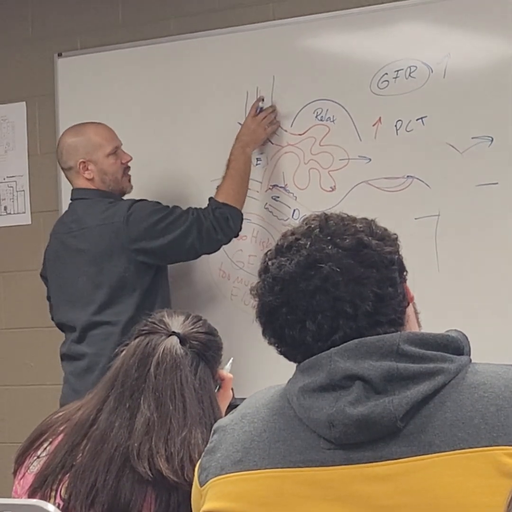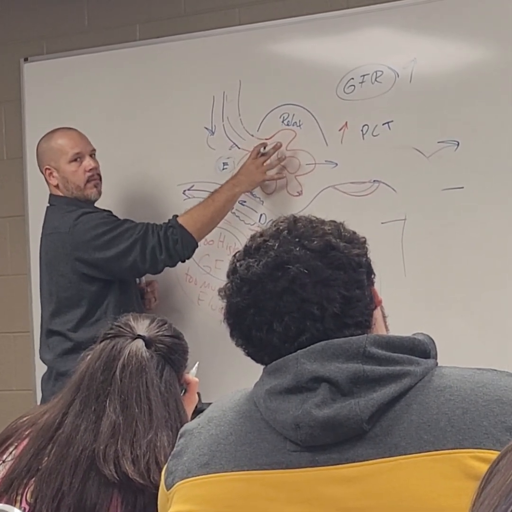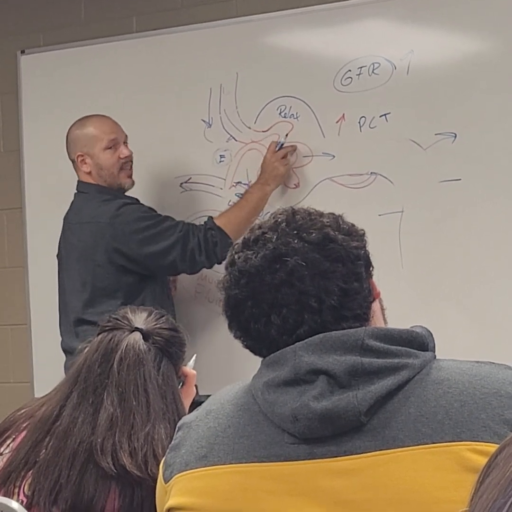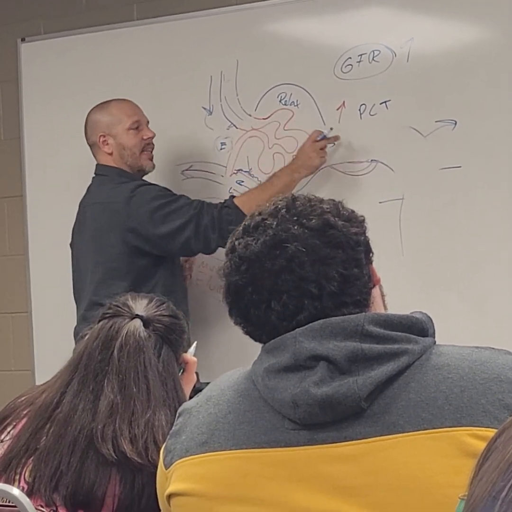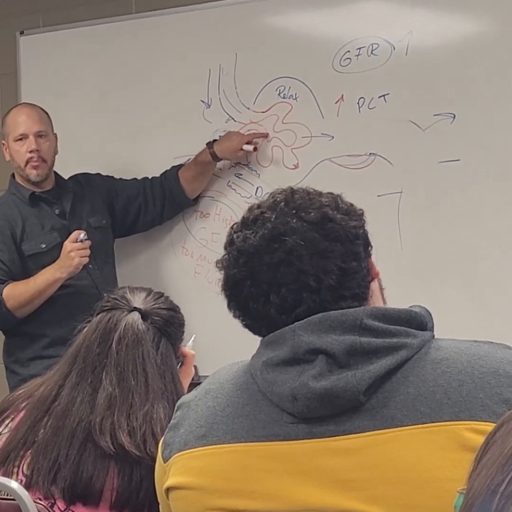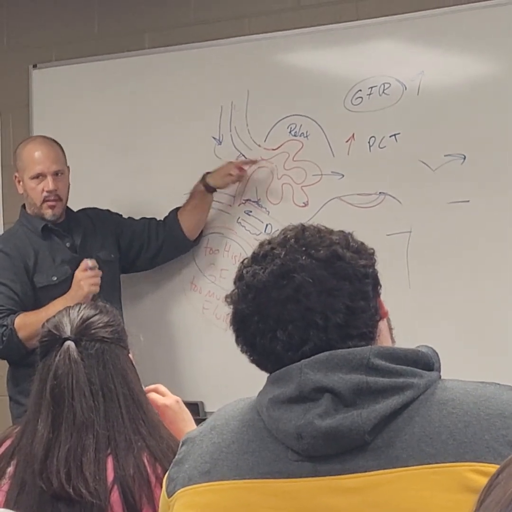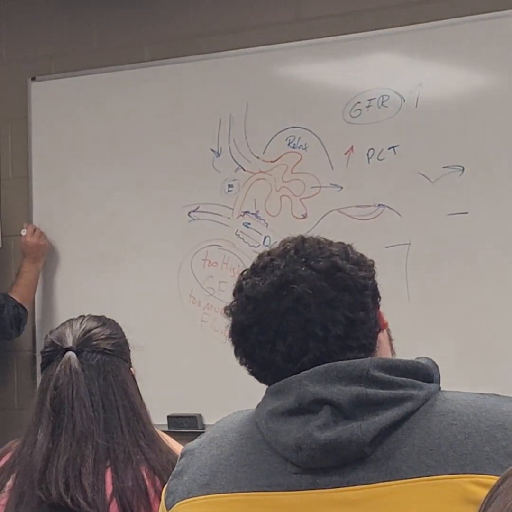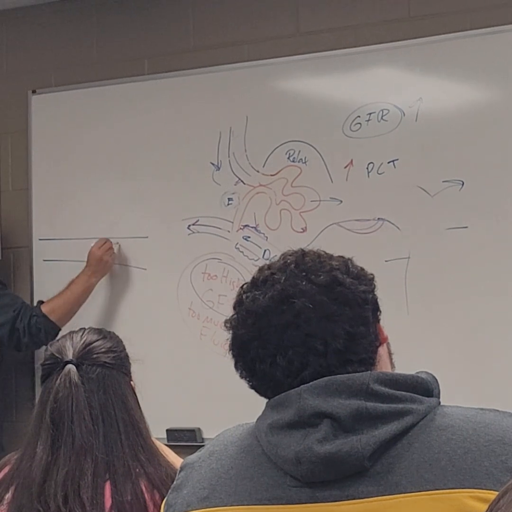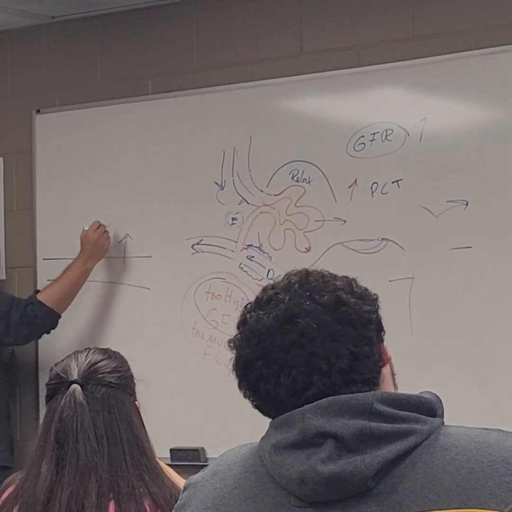If I relax this, I get more fluid into the filtration space. But if I relax these, I actually get less filtration because now I'm not squeezing as hard on the actual spot where the filtration is taking place. Does that make sense? Think about it like a garden hose. If there's a pinhole here, I can get more water.